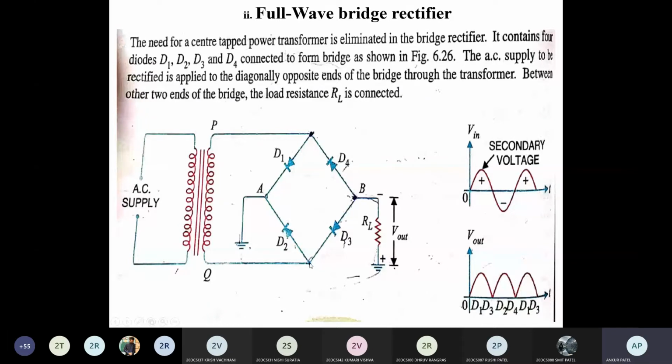But the current will follow only the path from P through D1, A, ground, RL, B, D3, and to Q. What is the reason why current will not follow this path even though it is forward biased? Why will it not follow this D2 path?